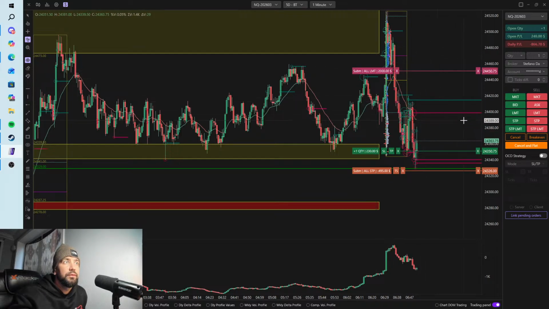We'll go here. I want to see us close back above here, then I can move to break even. If we close back above there, I can move to break even.